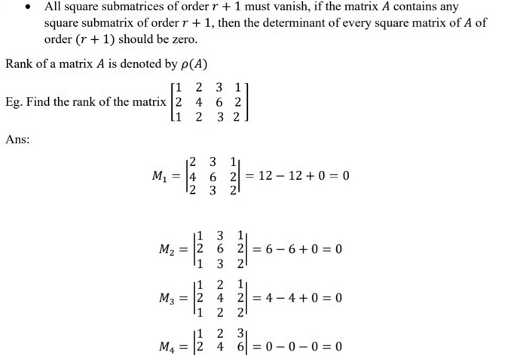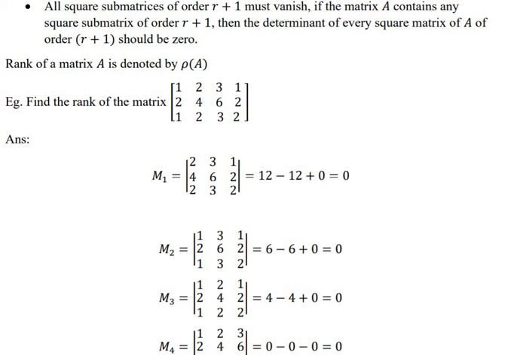Now we can see an example where we are asked to find the rank of the given matrix: 1, 2, 3, 1, 2, 4, 6, 2, 1, 2, 3, 2, which is a 3 by 4 matrix. For that, first we will find the minor of a submatrix of the given matrix, that is M1, which is equal to the determinant of 2, 3, 1, 4, 6, 2 and 2, 3, 2.